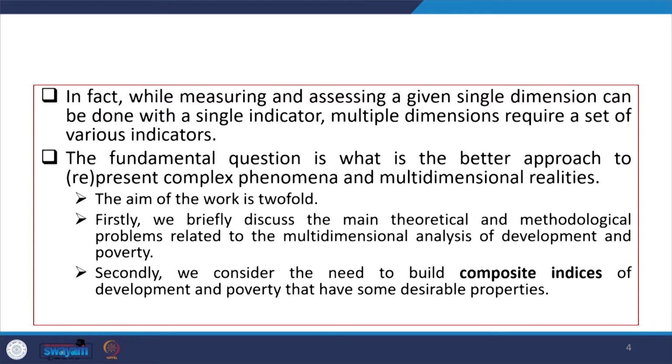Firstly, we briefly discuss the main theoretical and methodological problems related to the multidimensional analysis of development and poverty. Secondly, we consider the need to build a composite index or composite indices of these two variables already discussed, including their desirable properties.